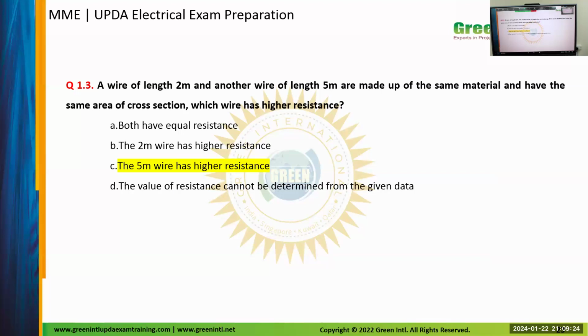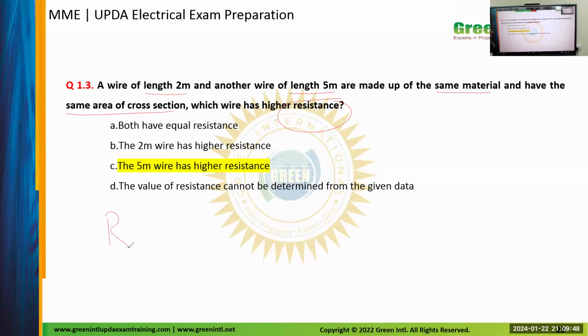A wire of 2 meter length, and we have another wire, of the same material and same cross-sectional area. They ask about the resistance, so we need to apply a formula. So far we have studied 3 formulas.